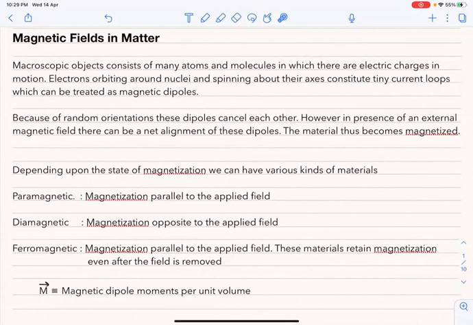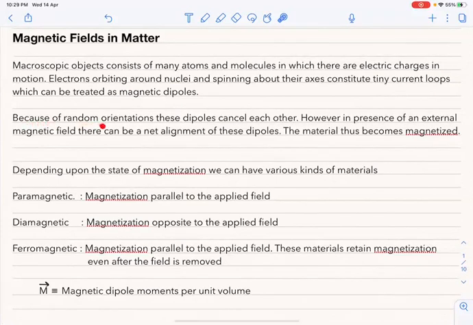Once you have current loops, you can associate a magnetic dipole with them. So the electrons in these atoms will have an associated dipole. In particular, we can associate one dipole with the spin of the electron.